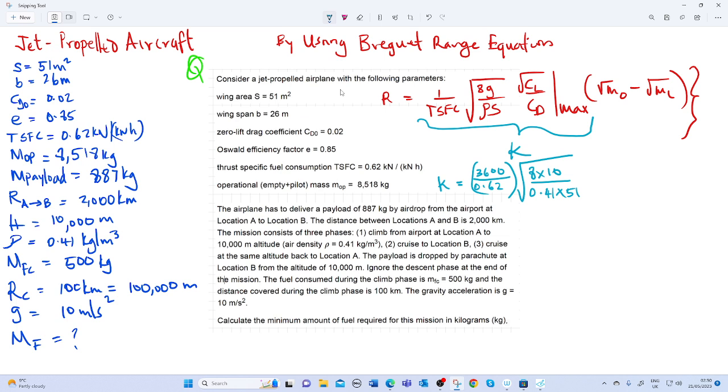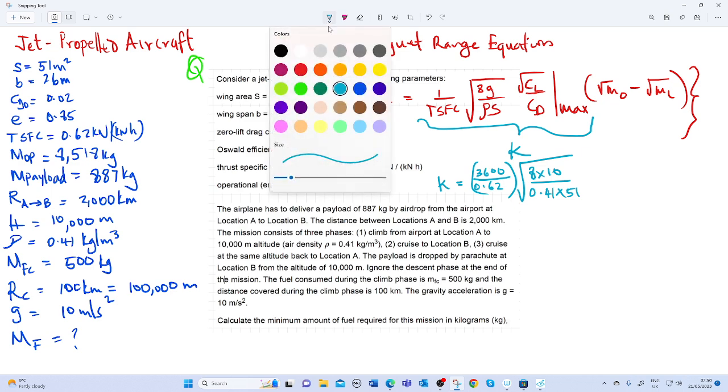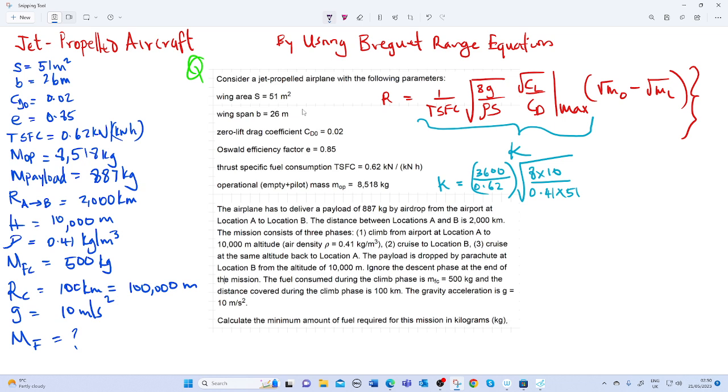So therefore, we need to calculate our CL and CD. To calculate our CL, by using the CL equation, which is the root of pi over 3 times e times AR times CD0. That becomes pi over 3 times the Oswald factor 0.85 times the aspect ratio.